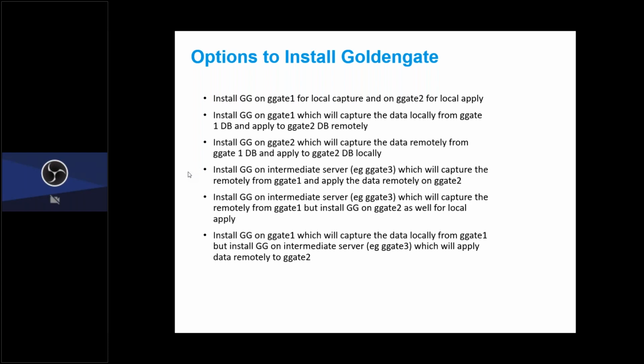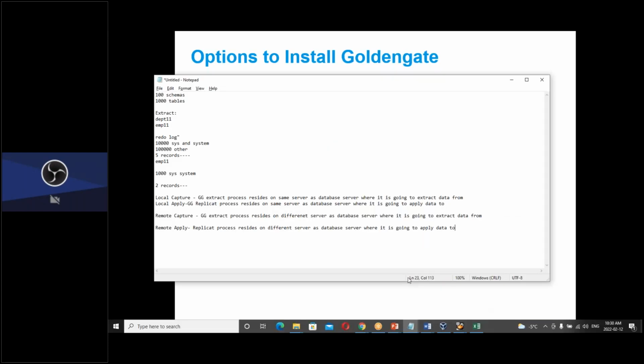Okay, one more thing, let me tell you now. If you are installing Goldengate on an intermediate server, that is an important thing to note. What do you need?